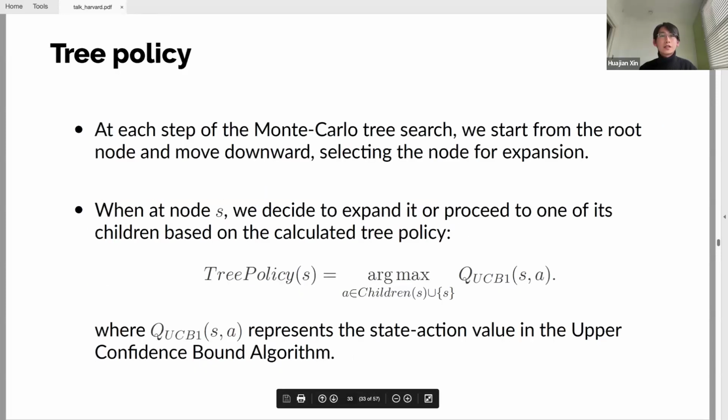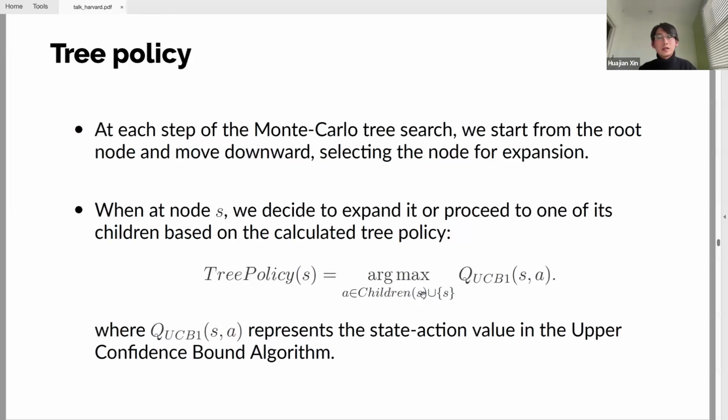Each proof iteration starts from the root node and moves downward, with nodes selected based on the tree policy. The tree policy is to maximize the state-action value, the so-called Q function.